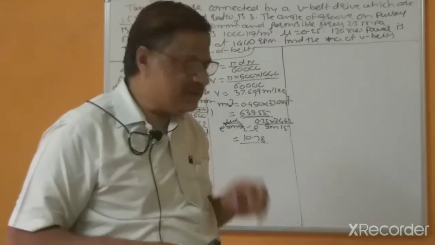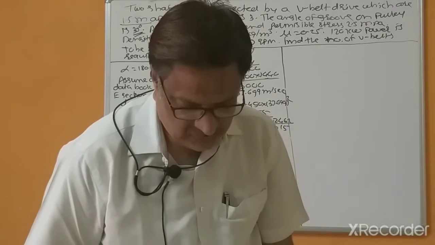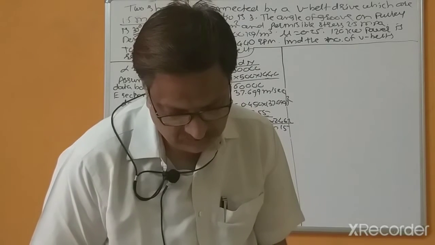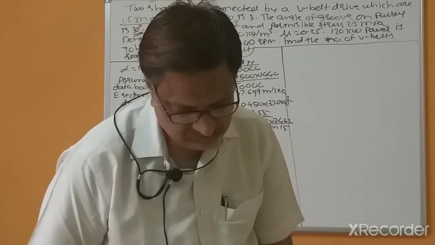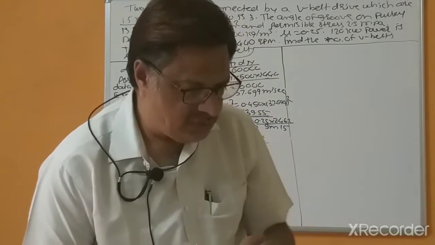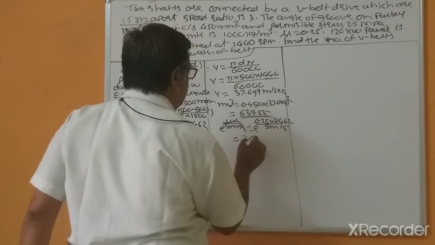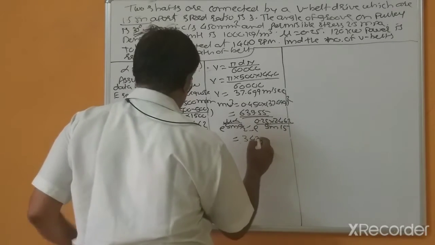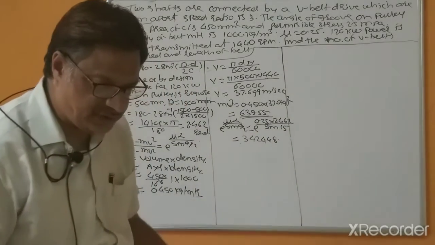So I think my calculator setting was disturbed, so this value is wrong. Actually this is equal to 3.42448. So this is the correct value.